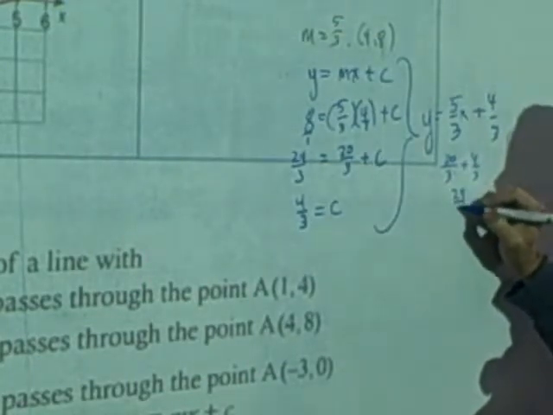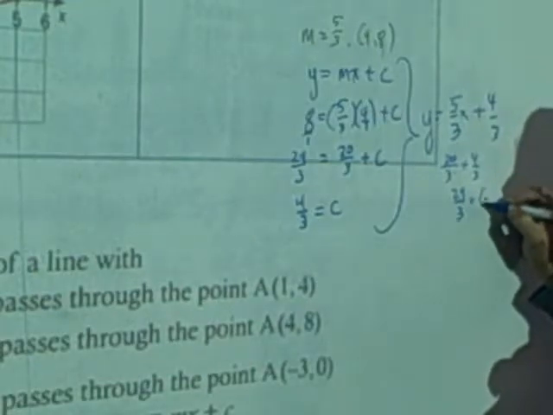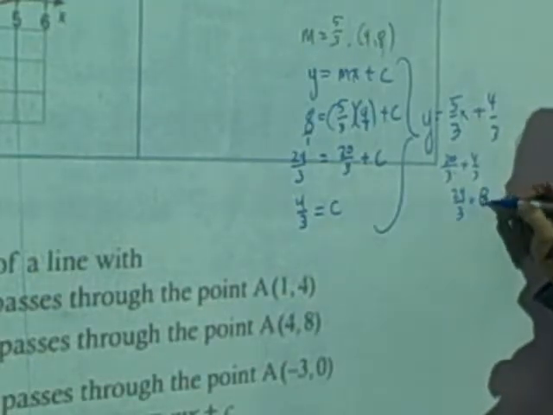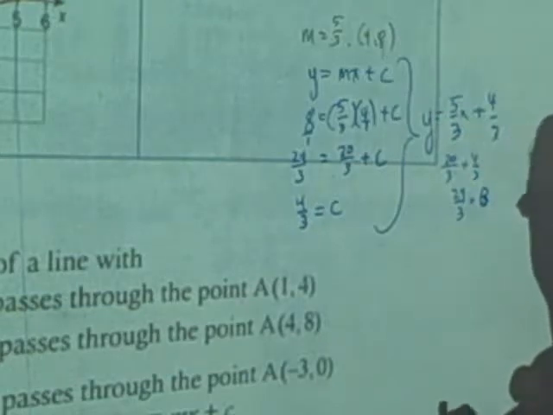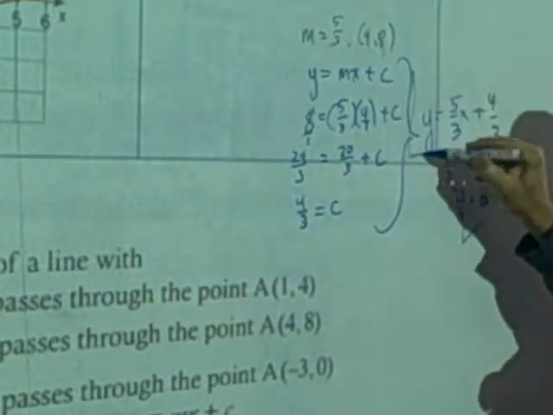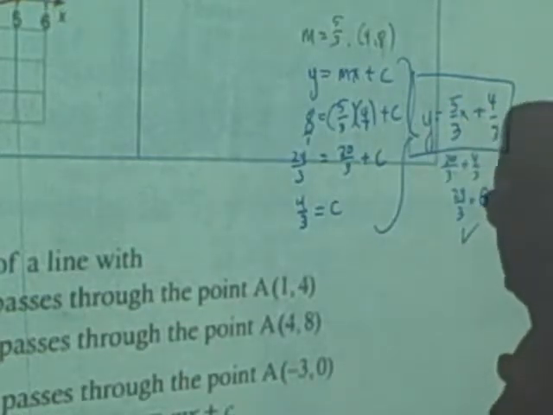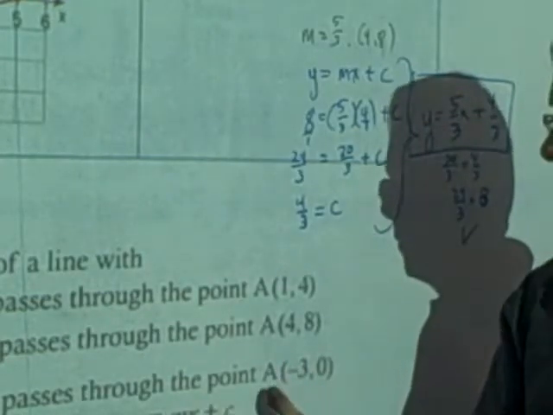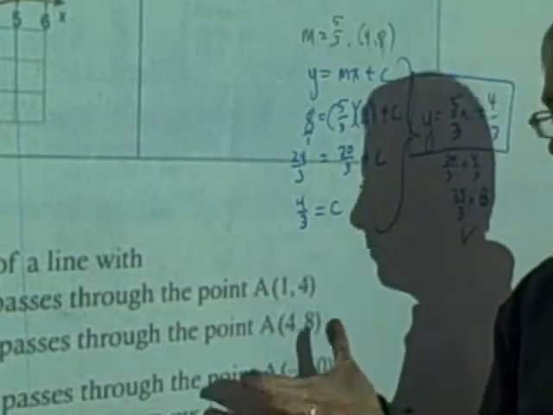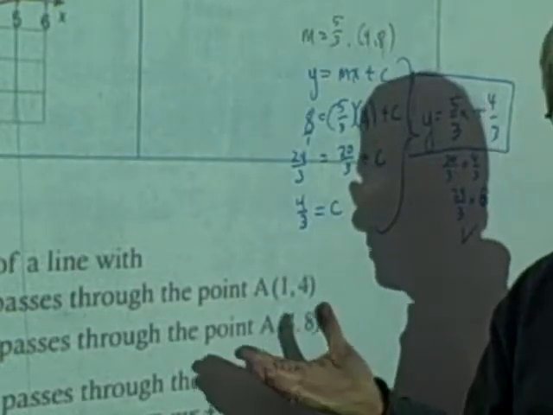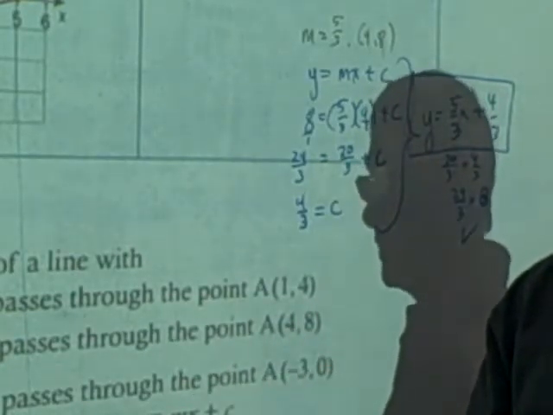I get 24/3. Oh, well, that is 8, which is what it's supposed to be. So it does check. This is the equation of the line with this gradient through that point. It works the same for the third one. You have a negative number, but everything we're doing here is just using that formula over and over again with x and y given from the point and the gradient, the number that's given.